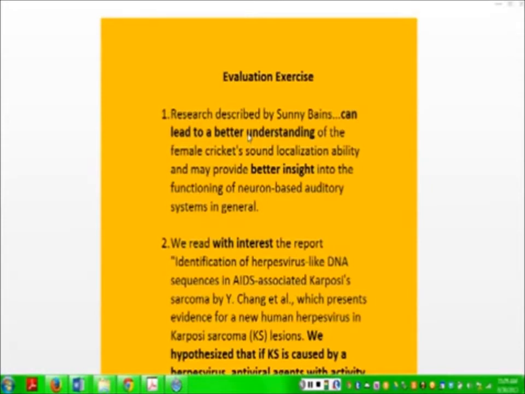And since this research gives you a better understanding, it must be good research. And similarly, in the second example, a better insight into the functioning, research should give you an insight, that's a value connected with academic research. And again, since this paper gives you a better insight, it must be a good evaluation.